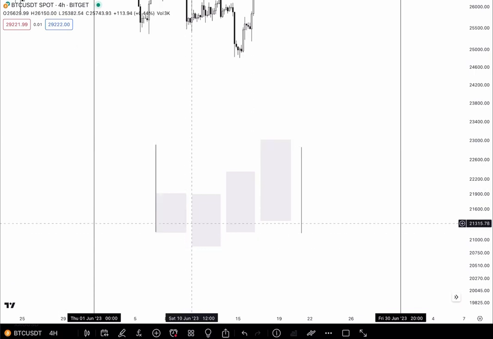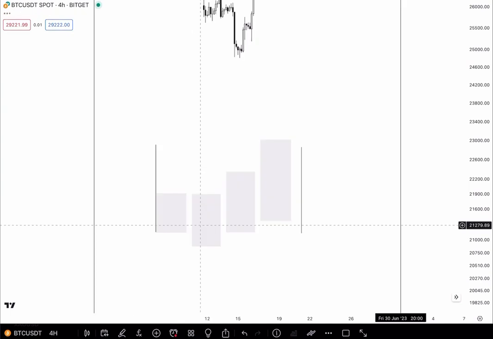After the manipulation, you can be looking for buys. If you've ever heard someone on Twitter, whether it's ICT or some other credible source, which are very few, saying the terms looking for sells, looking for buys, then 9 out of 10 times they don't know what they're talking about.